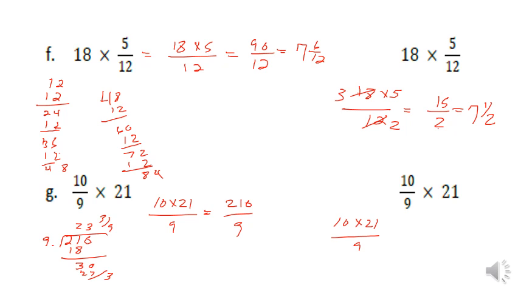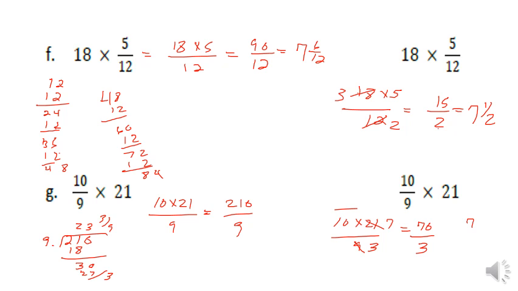Well, I can see, even though we do see that there are 3s in common, because 3 will go into 9 3 times. 3 will go into 21 7 times, which now gives us 70 30ths, which is a little smaller number to have to deal with.